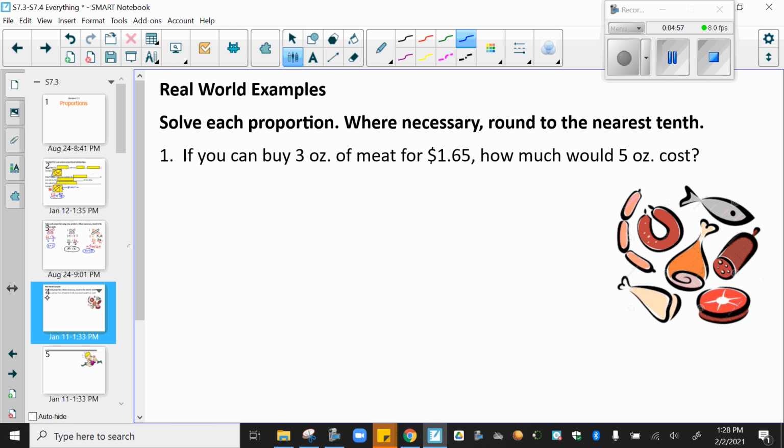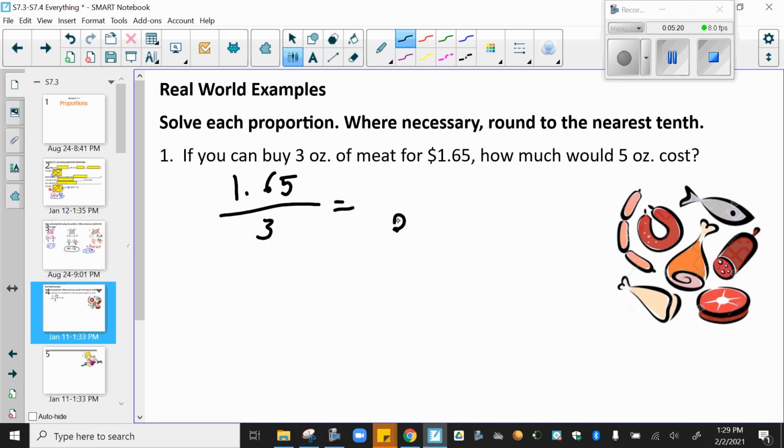Real world example, solve each proportion, where necessary, round to the nearest tenth. If you could buy 3 ounces of meat for $1.65, so I would probably think of this as not ounces per dollar, but dollars per ounce. I'm going to call it 1.65 over 3. How much would 5 ounces cost?